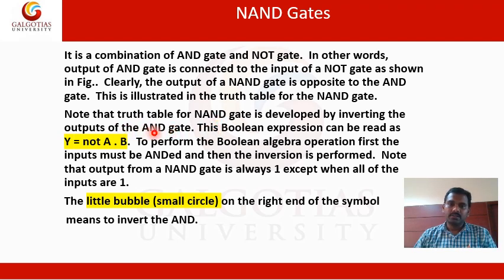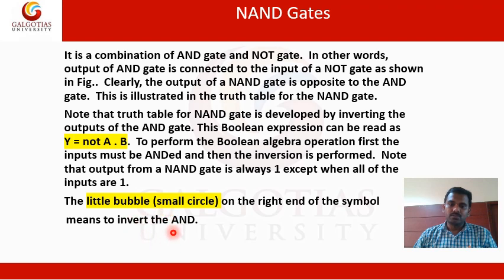That's why the Boolean expression can be read as not A and B. So the output of the NAND gate is equal to not A and B. We can note that the output from a NAND gate is always 1 except when all of the inputs are 1. The little bubble, that is, the small circle on the right end of the symbol, means to invert the AND gate.